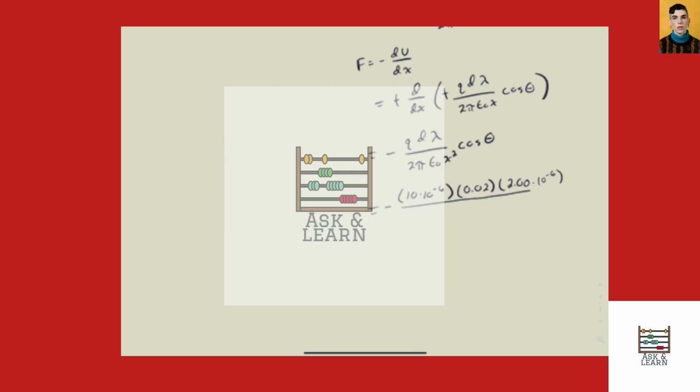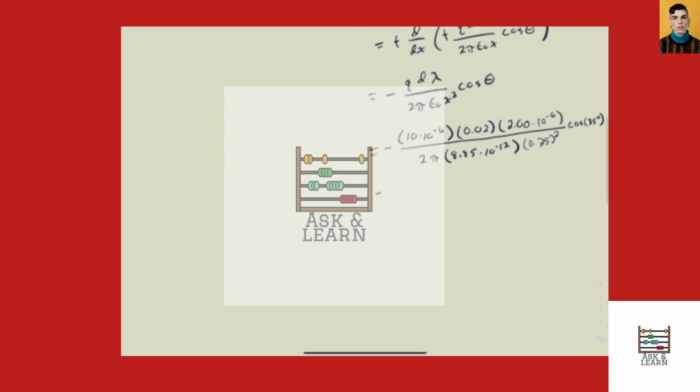And then divide that by 2 pi times epsilon naught, which is 8.85 times 10 to the negative 12. And the x-coordinate is 25 centimeters, which is 0.25 meters. And then cosine of 35 degrees. And this comes out to around negative 0.0942 newtons.